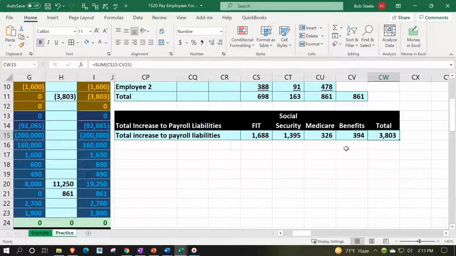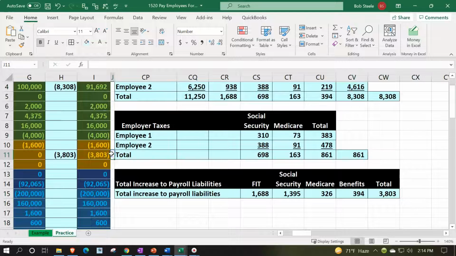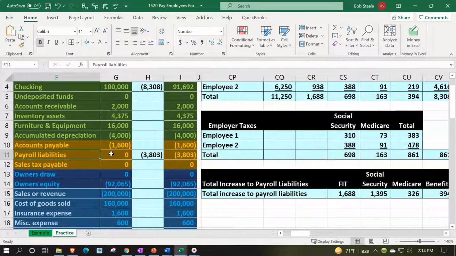They've been incurred by either us taking them from the employee, Social Security, FIT, for example, half of Social Security, half of Medicare, and the benefits, and our portion, which is the Social Security, Medicare in this case, giving a liability of the 3803 that we're going to have to pay to the government and the benefits in the future, which we grouped into just one payroll liability account at the 3803.